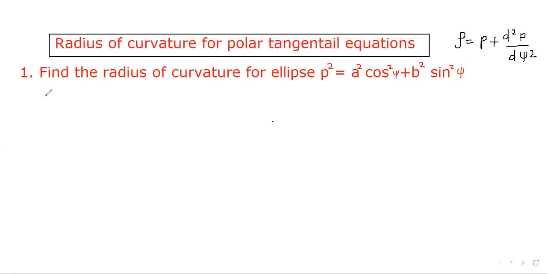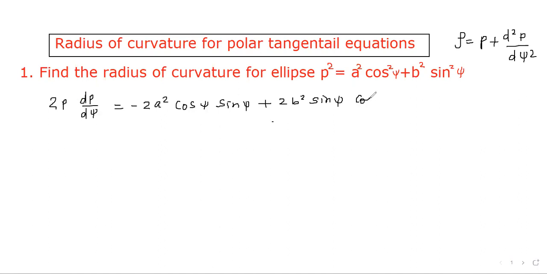It will become 2p dp/dψ equals −2a² cosψ sinψ plus 2b² sinψ cosψ.